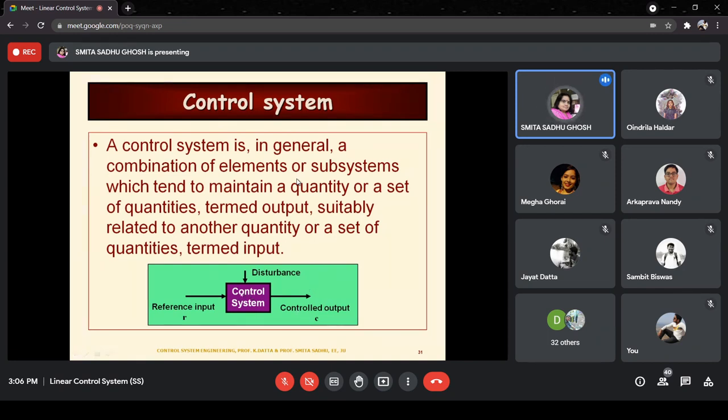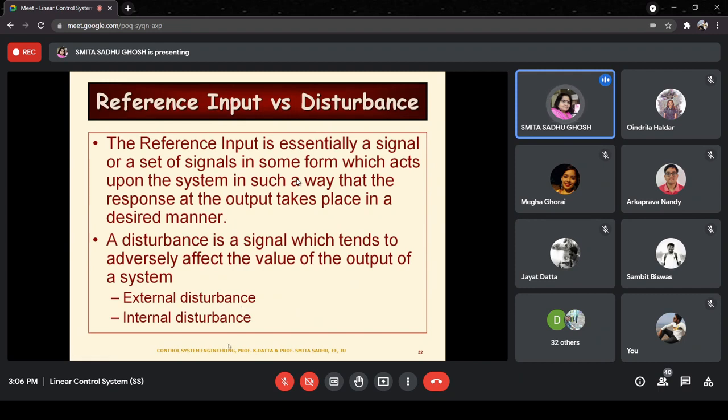But such a disturbance would be known as an internal disturbance, because it is not due to an external signal which is affecting the system. Rather, it is a parametric change which takes place within the system itself. Nevertheless, both external as well as internal disturbances are in general termed as disturbances.